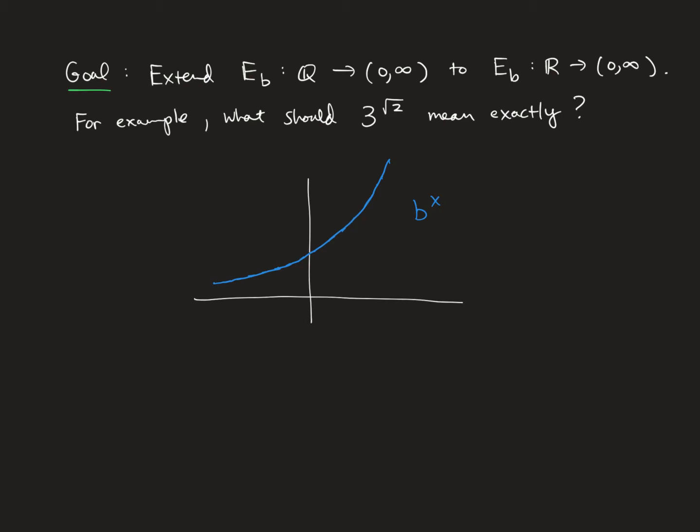But that doesn't actually tell you anything about how to find 3 to the square root of 2 or how to make mathematical sense of that. It just relies on this intuitive drawing of the picture. So what we'd like to do is discuss this extension of this function from the rationals to the reals.